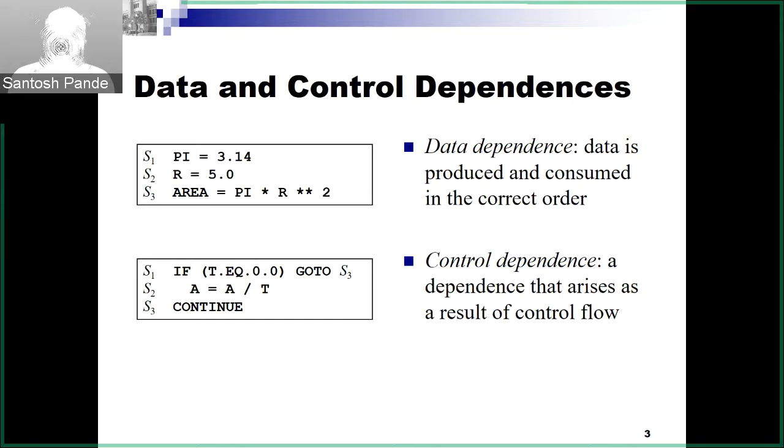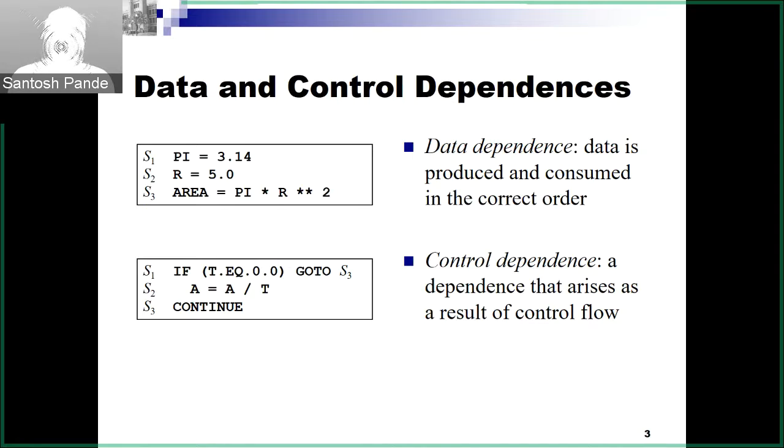And there is an order here which is implicit, which is the lexical order in which this executes. But the important implication here is that as far as the statement S3 is concerned, it needs data from both S1 and S2. And therefore, it cannot execute before them. So our order of execution must be that S3 must follow S1 and S2.